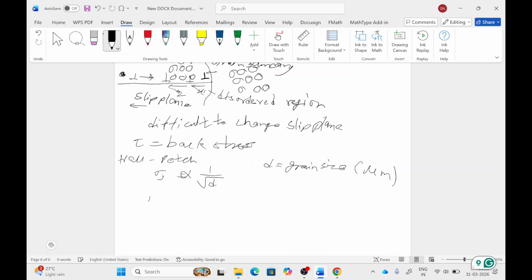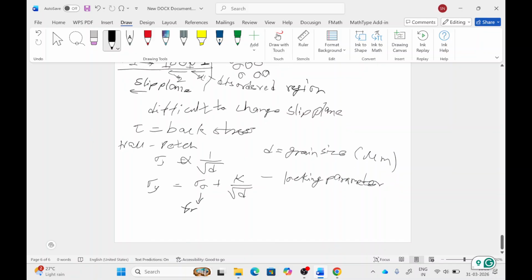If we further equate this, it can be written as sigma naught plus k over root d. K is the locking parameter, and sigma naught is the lattice friction stress, which the dislocation experiences during the motion.